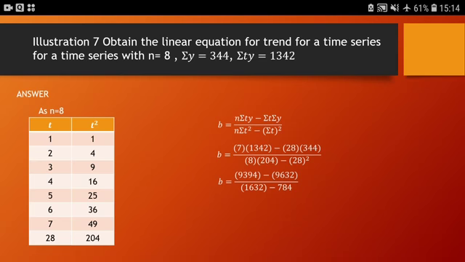Okay, so there may be a mistake in the question, so we will correct it. You can check the textbook, or maybe there is a typing error in my particular illustration.